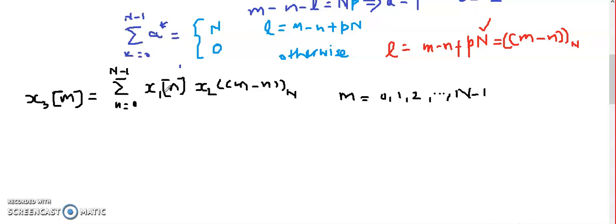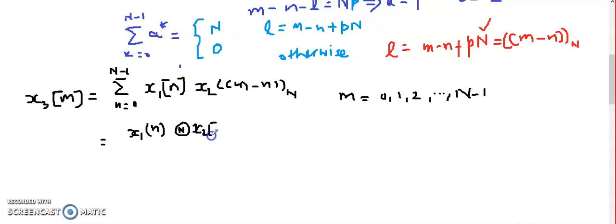Therefore, this expression is called circular convolution, and it is represented by this notation, x1[n] circular convolution x2[n]. Circular convolution is different from linear convolution, therefore it has a notation like this.